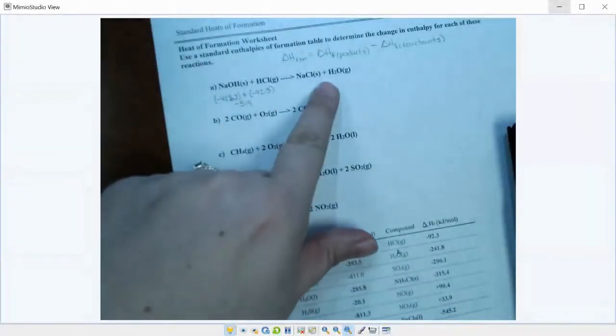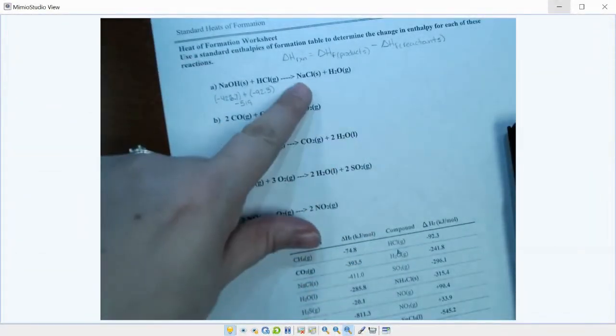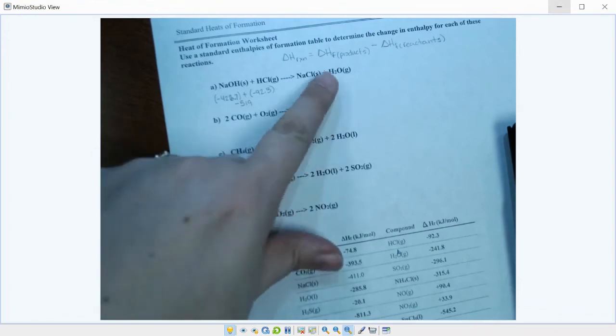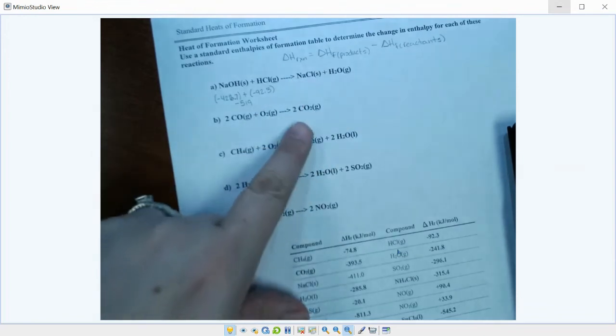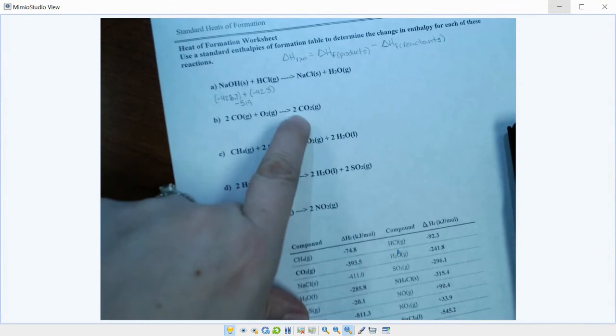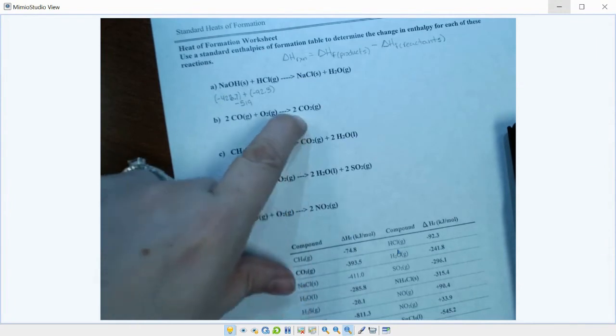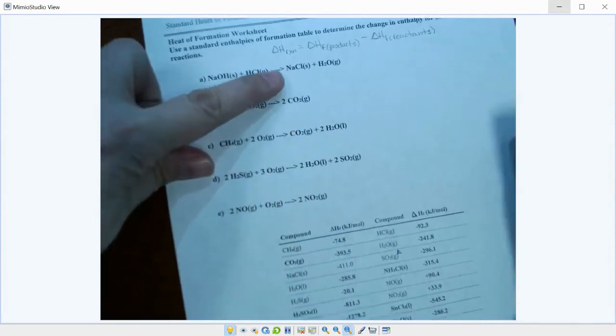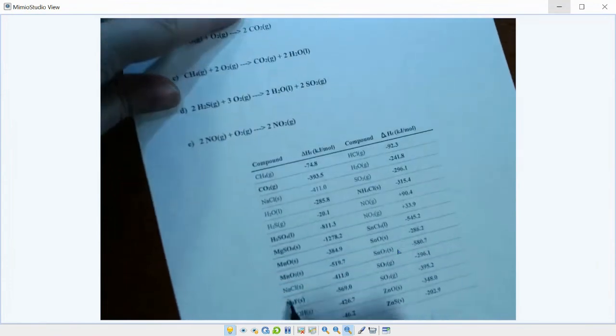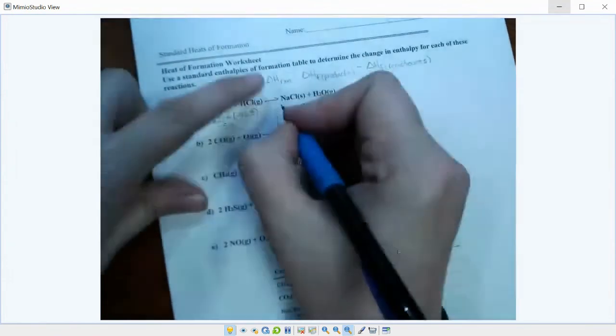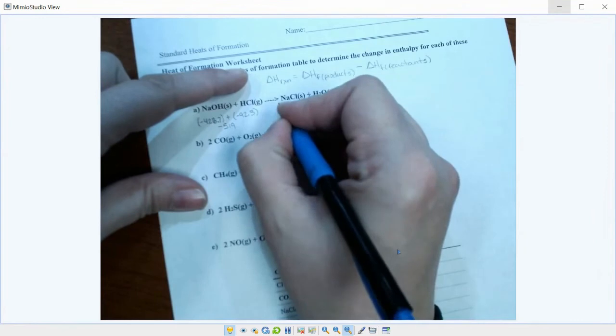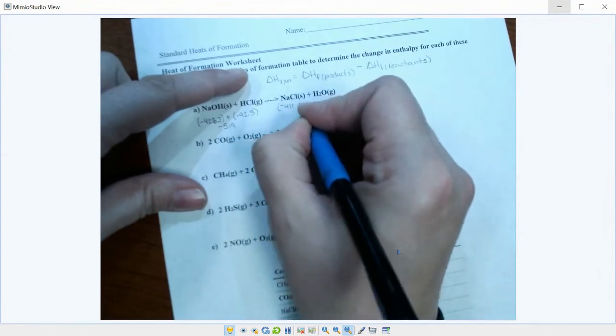I'm going to do the same stuff for the product side. And again, it's just a 1 and a 1, so I don't have to multiply by anything. But in other problems, I'm going to have to multiply by 2 before I add it all together. So I find NaCl. NaCl down here is a solid, negative 411.0.